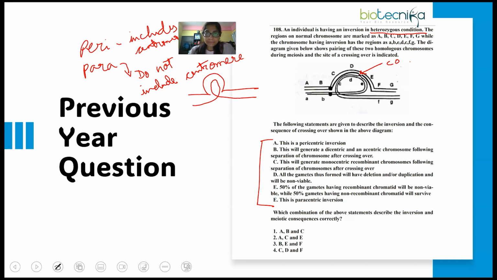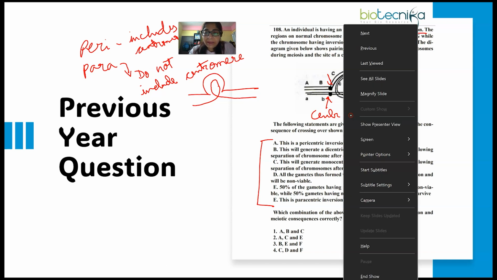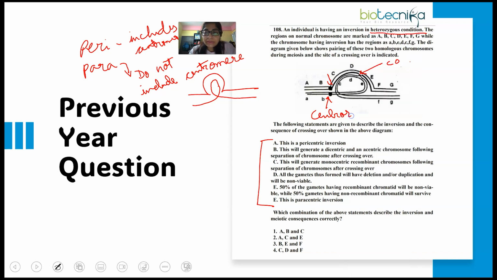So for that, how will you find it? I told you that a cross loop will be formed. Whatever genes are coming within that loop are the ones which have got inverted. It can be clearly seen that these black dots are the centromere. Are these black dots coming within the loop?